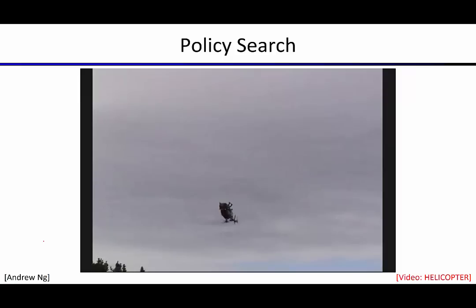Whenever you want to do reinforcement learning with a robot, it's often difficult to directly run it on the robot. It's possible, but it's often dangerous. And if the robot is expensive, like a helicopter, and you don't want to crash it, you need to be very careful about what you do. You can do various things. One thing you could do is set up a safety pilot, which you probably want to do no matter what, who can take back control whenever things seem to be going wrong. And that was done here.